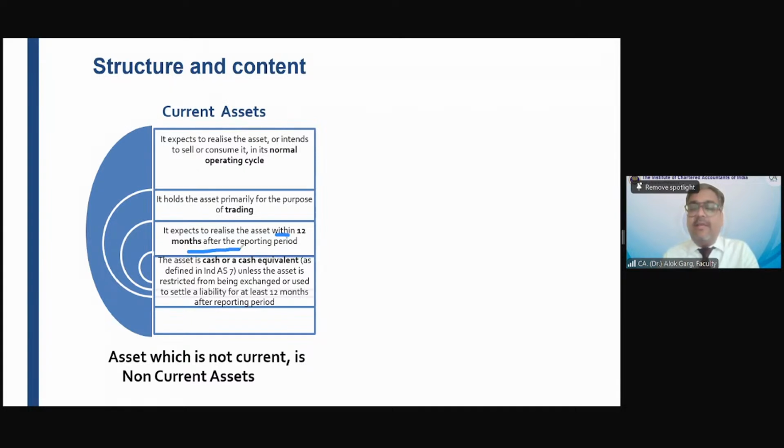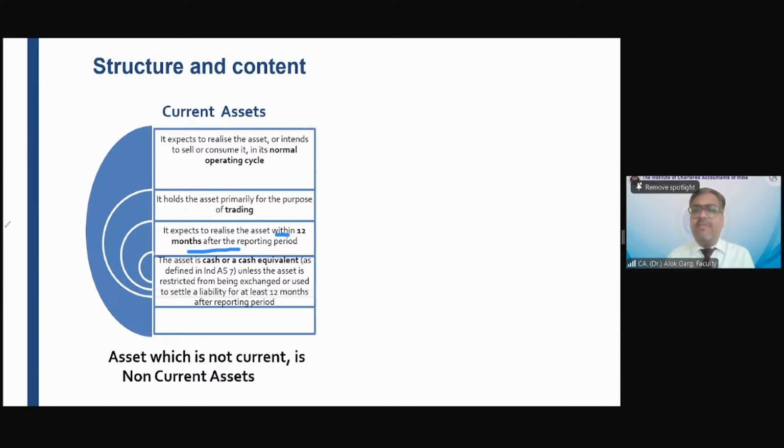The intent of the company is not to recover or get this money from the electricity department in the foreseeable future or within 12 months, and hence it should be classified as a non-current asset.